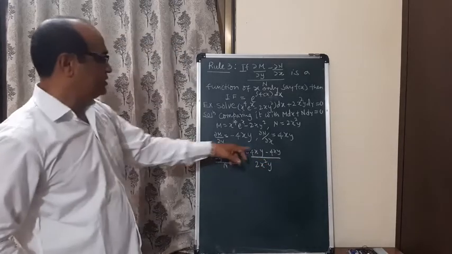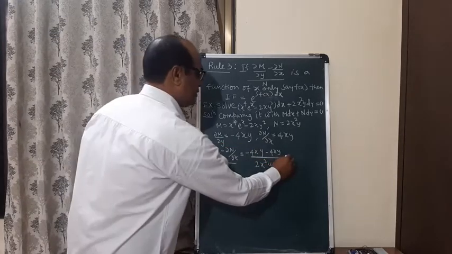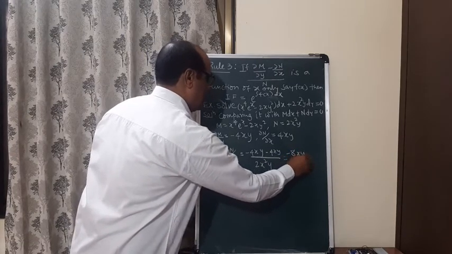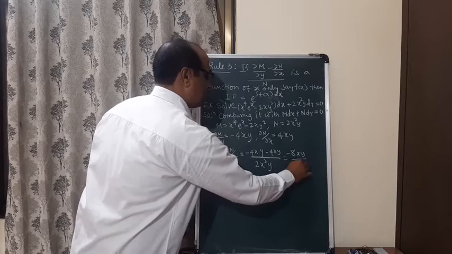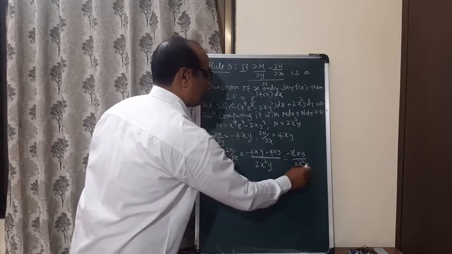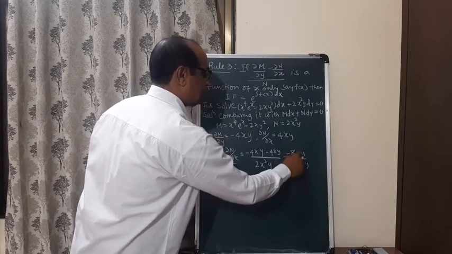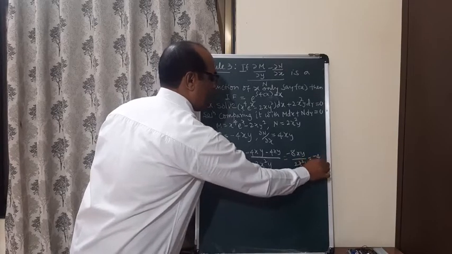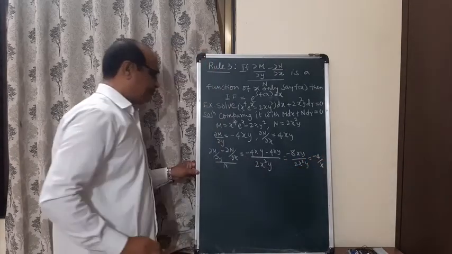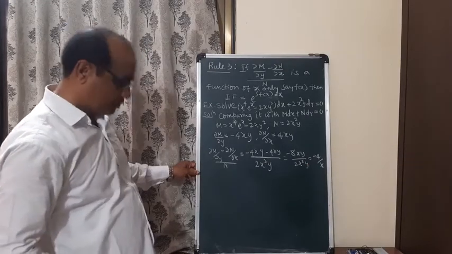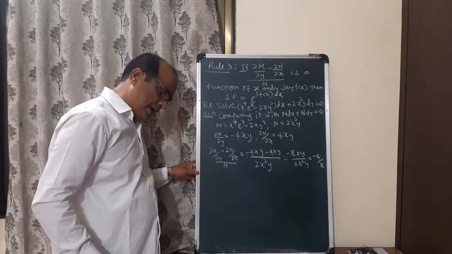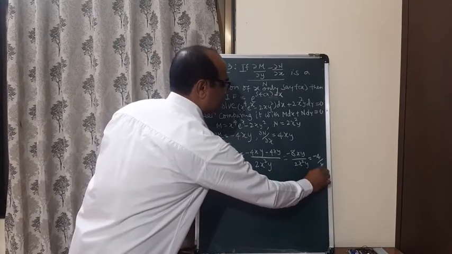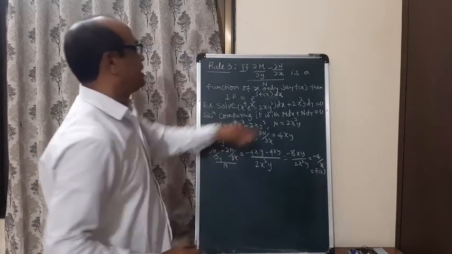Okay, so this is equal to −8xy divided by 2x²y. So y gets cancelled, x gets cancelled. So −4 upon x. Okay, −4 upon x. So this is f(x), a function of x.